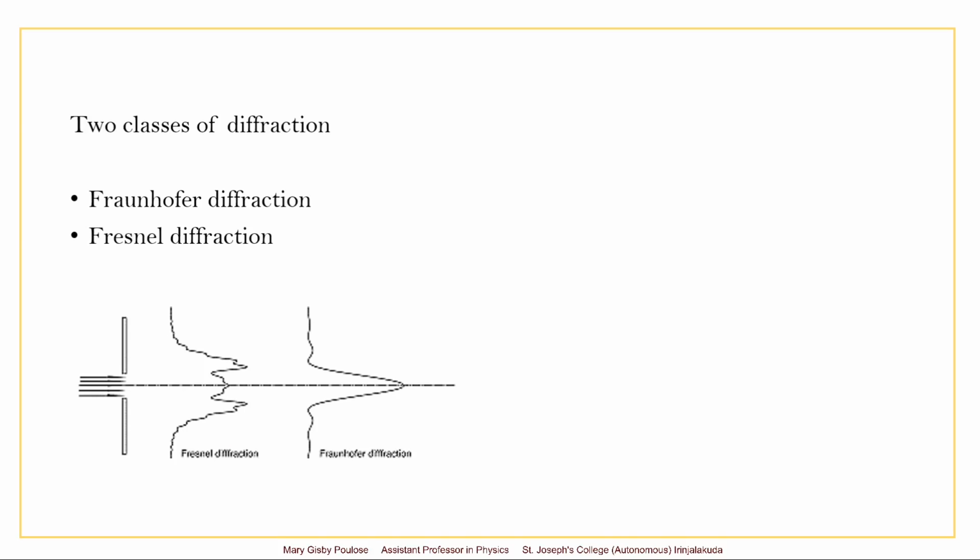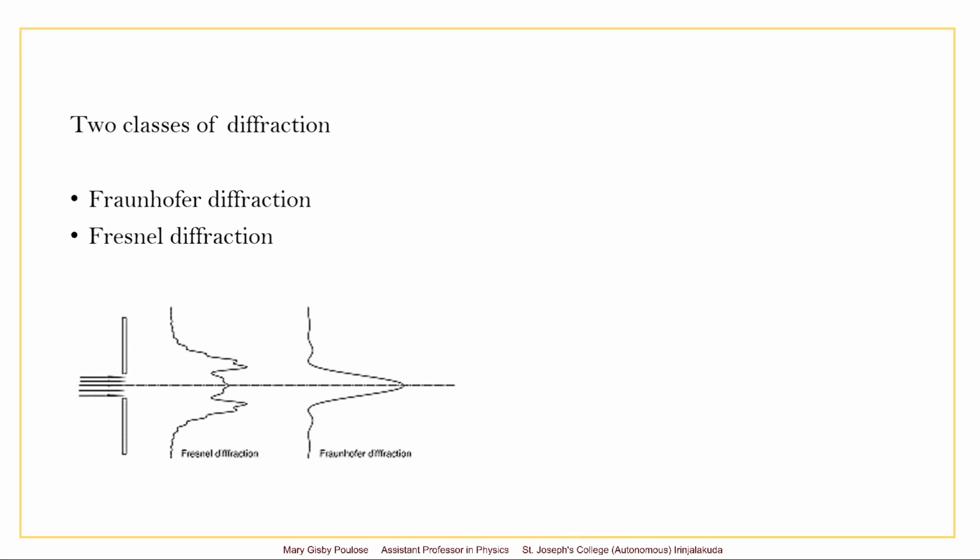Now, diffraction is of two types: Fraunhofer diffraction and Fresnel diffraction. Fraunhofer diffraction is obtained when the light source is assumed to be at infinity and the screen upon which the pattern is recorded is assumed to be at infinity. So the wavefronts should be almost planar. In the lab, this is achieved by making use of lenses.